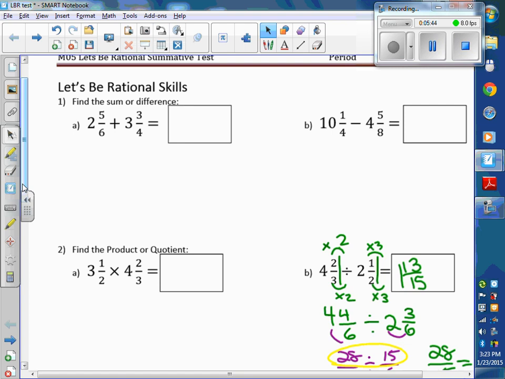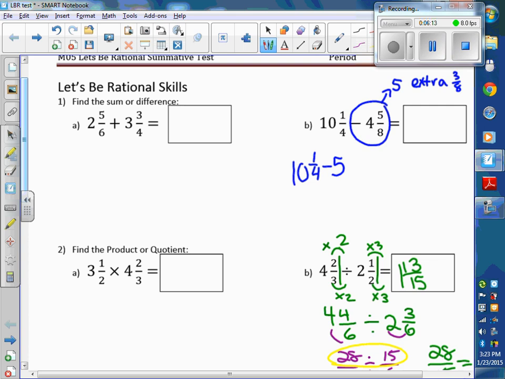Okay. So for 1B, I'm going to take this problem and make it a round up problem. I'm going to round it to 5, which is an extra 3/8. Do you see that? Because 5/8, 6/8, 7/8, 8/8, 3/8 extra. So then I can just do 10 1/4 and take away 5 because that's easier.